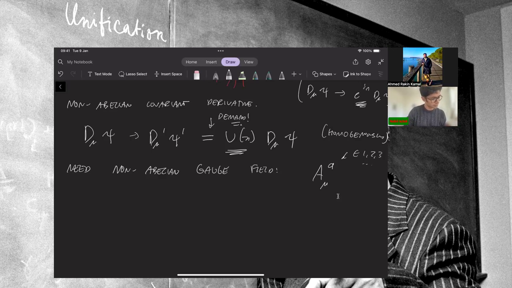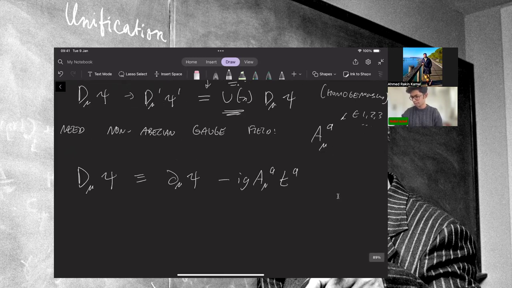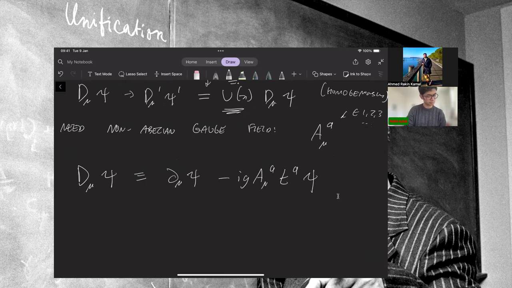And now we have a way to construct the gauge covariant derivative. D_mu psi is defined to be partial_mu psi minus i g A_mu^a T^a acting on psi. Let's think about this for a second to make sure this makes sense. Psi here is a two-component object.